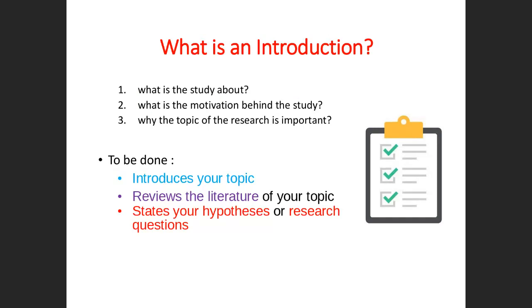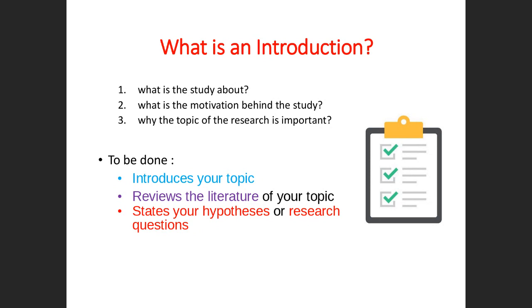Depending on the type of writing you are doing, an introduction section can be modified. However, in a proposal or a research paper, an introduction has 3 functions. It helps the reader understand the type of the study, so what the study is about. It helps the reader understand the motivation behind this study.